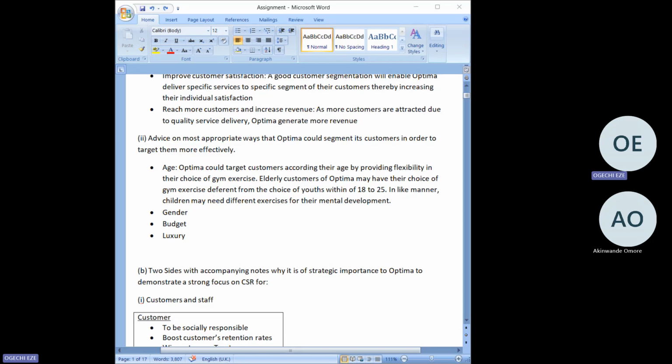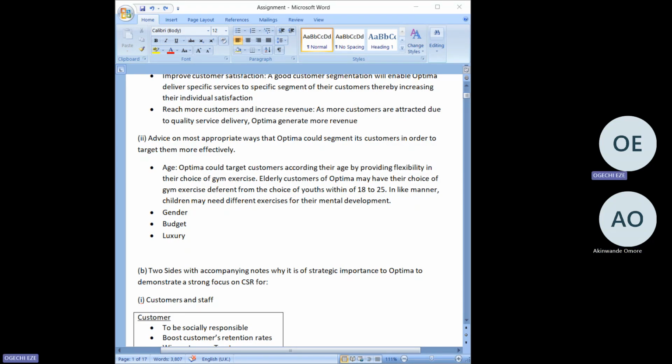Then this CSR. I think it's from that XB2.